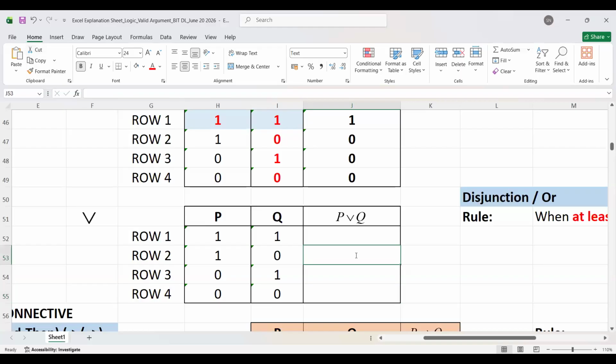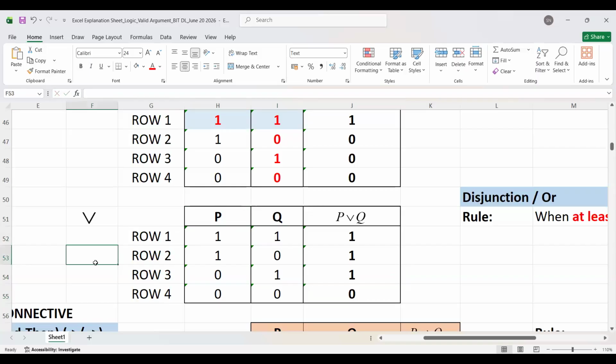At least one means row 1, 2, and 3. Exactly. So row 1, you have more than at least one. You have both. So at least means one or more. So this 1, 1 will be 1, 1, 0 will be 1, 0, 1 will be 1, but 0, 0, we don't have at least one. That will be false.